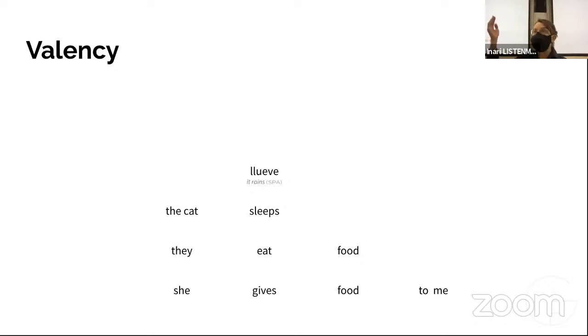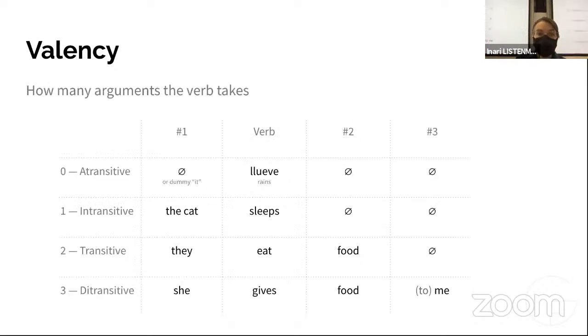Some of them differ in how many arguments they take. This is the property that is called valency. The first example, it rains, in some languages doesn't have any subject at all. So in those languages it takes 0 arguments.